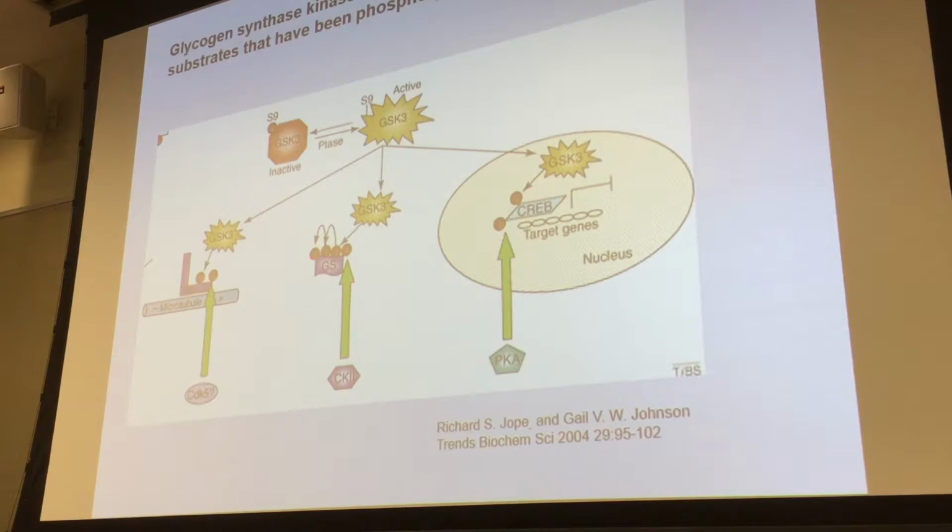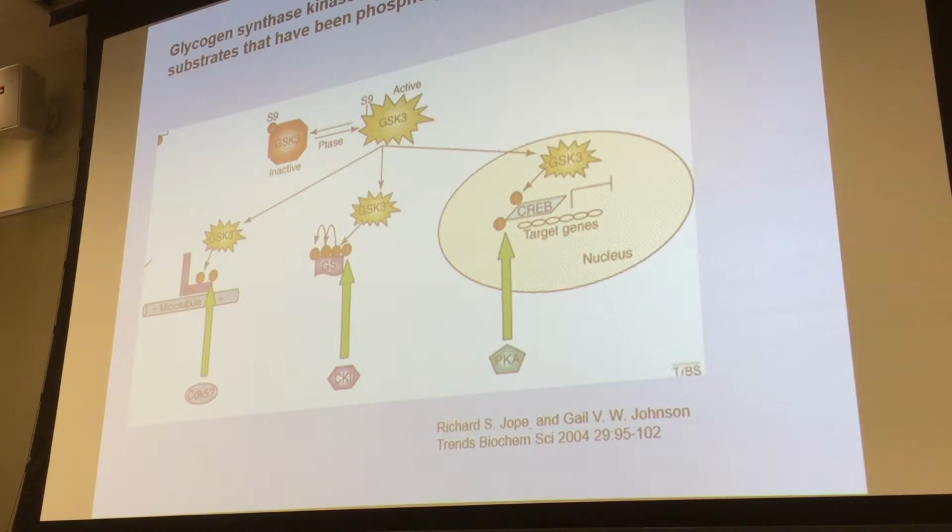Here we see another protein. This is the glycogen synthase itself. It gets pre-phosphorylated by casein kinase 2, and when that phosphorylates, then it allows glycogen synthase kinase to come in and phosphorylate. And here we have CREB.